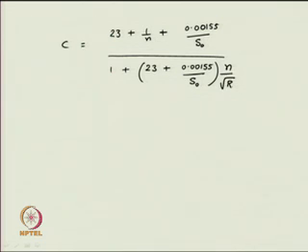So, these are some of the mathematical relationships, which might have been obtained empirically. You can just use them. We are not going to derive these relationships.